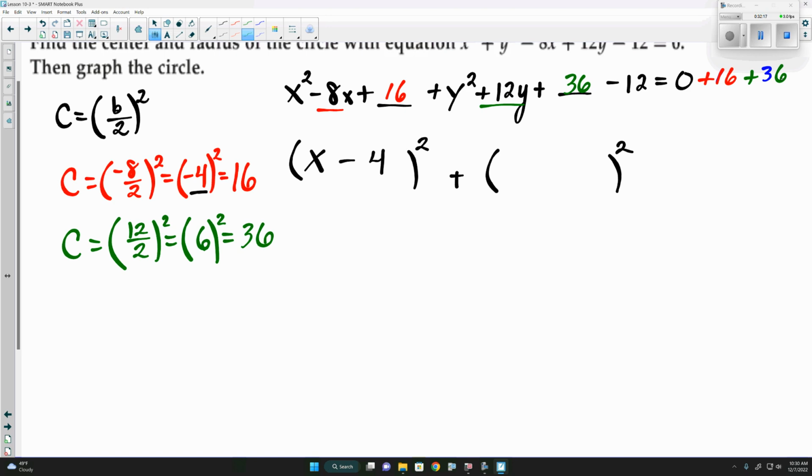We still have that minus 12 there. In the other set of parentheses, we will have y. And the number inside the parentheses before we squared it was 6. And since it's positive, we will have plus 6.